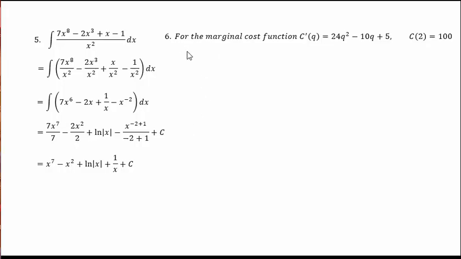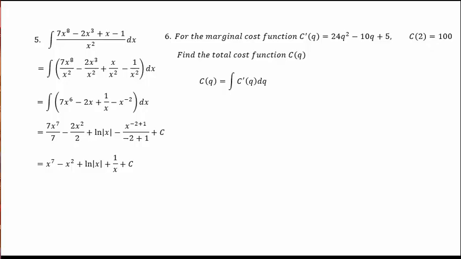So this problem tells us that the marginal cost function c prime of q is 24q squared minus 10q plus 5. And then we see that at 2, the value of the cost function is 100. And they want us to find the total cost function. So given c prime, if we want to find c, we can simply find the integral, since we know that integrals and derivatives are essentially inverses of each other.